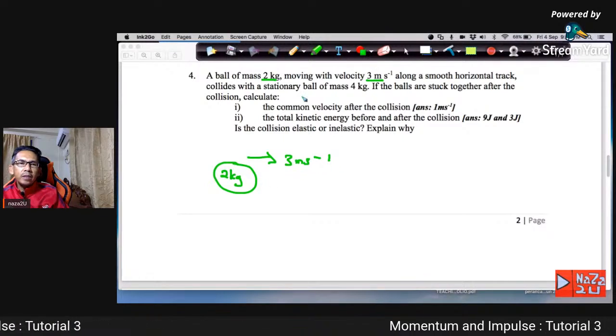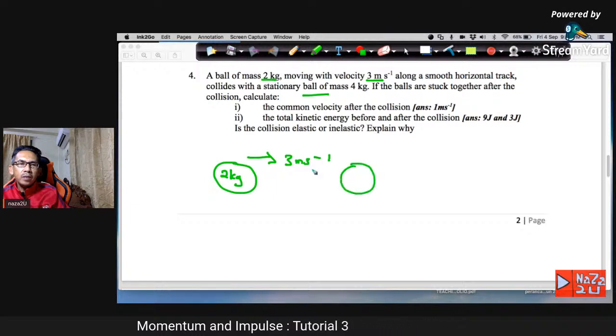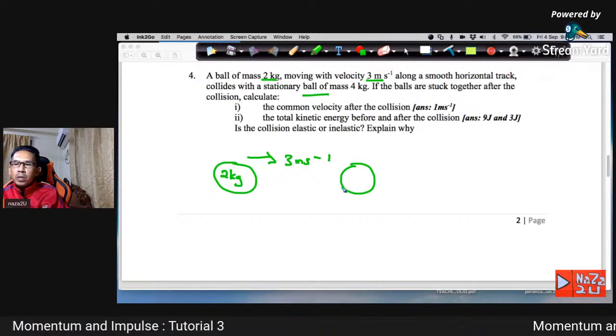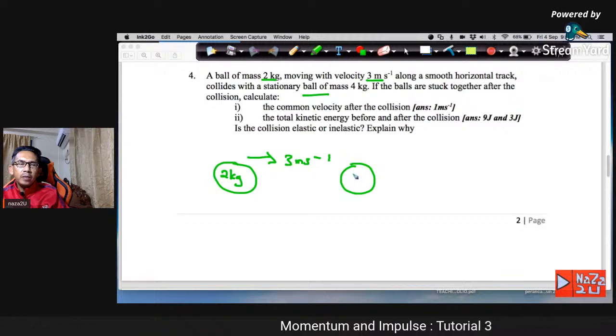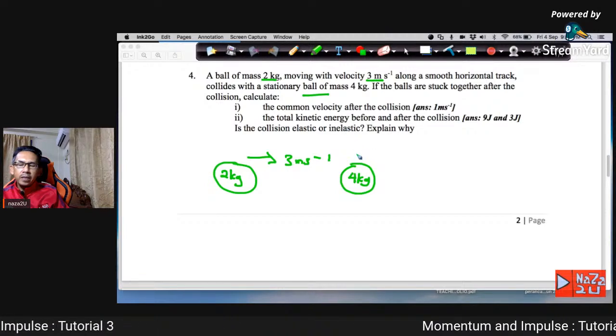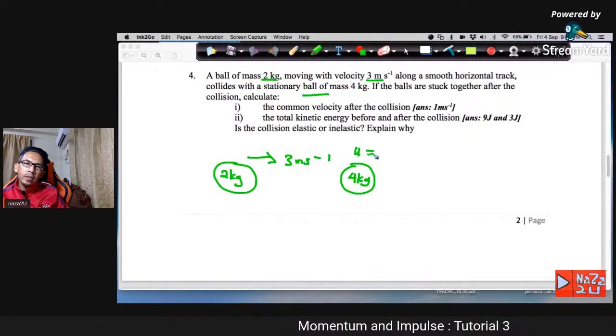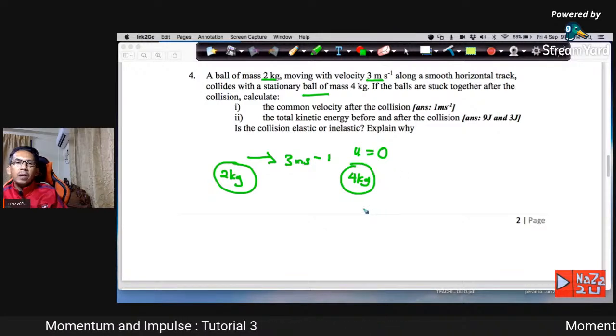And collide with a stationary ball. So we have a stationary ball in front of the object 2 kilogram. The mass of the stationary ball is 4 kilogram, and it is stationary, meaning the initial velocity is equal to 0.